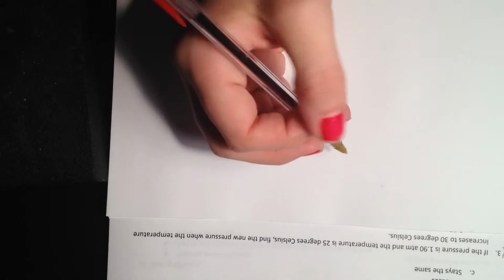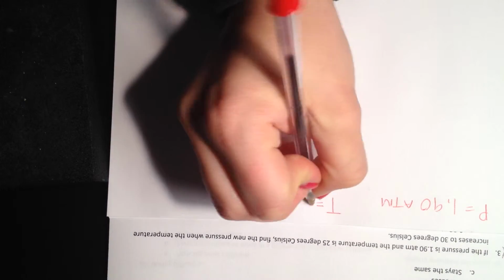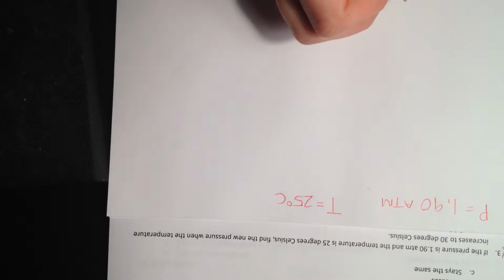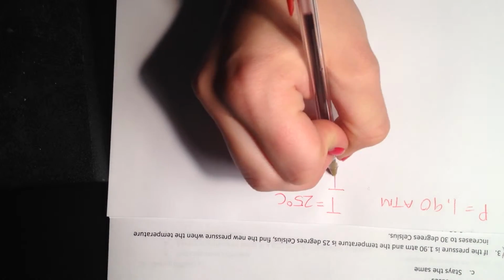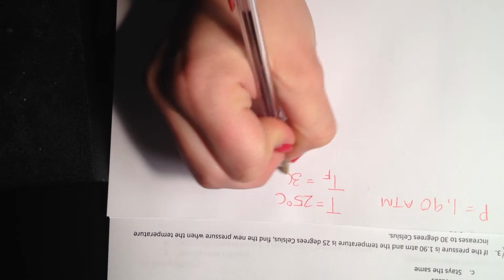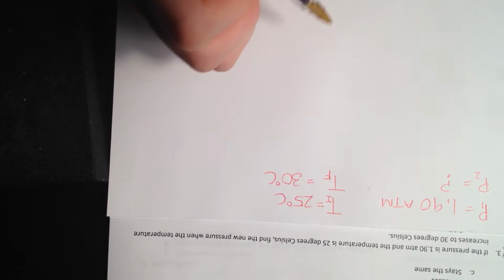If the pressure is 1.9 atmospheres and the temperature is 25 degrees Celsius, find the new pressure when the temperature is increased to 30 degrees Celsius. Okay, so we're changing our pressure based on an increase in temperature.